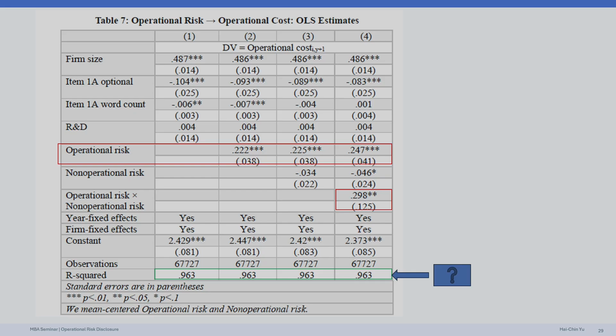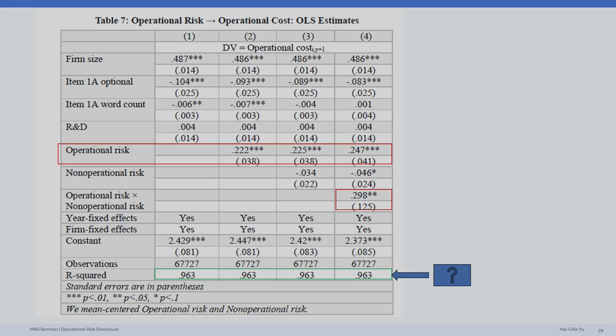Higher risk actually amplifies this cost in another coefficient. So this is the baseline. We can add another additional impact on top of this impact. So in total, we should combine the 2 coefficients together.